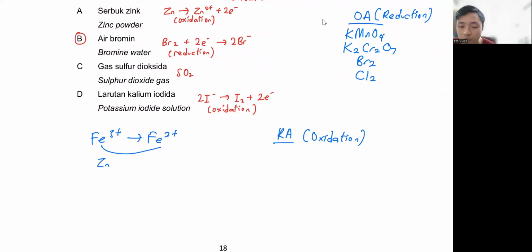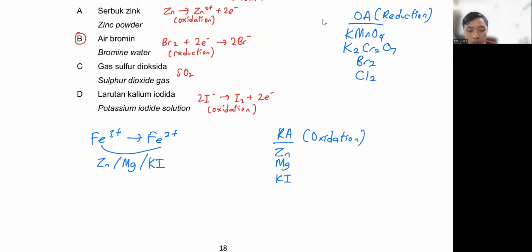So the reducing agents you need to know are 3: zinc, magnesium, or KI, potassium iodide. Why Zn and Mg? Because Zn and Mg undergo displacement.